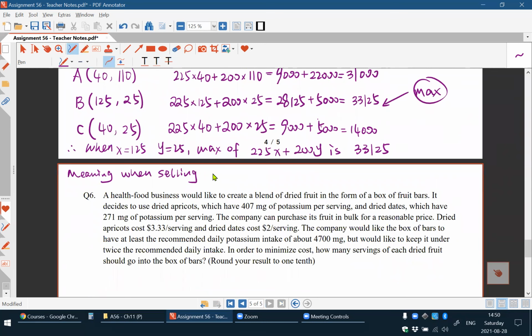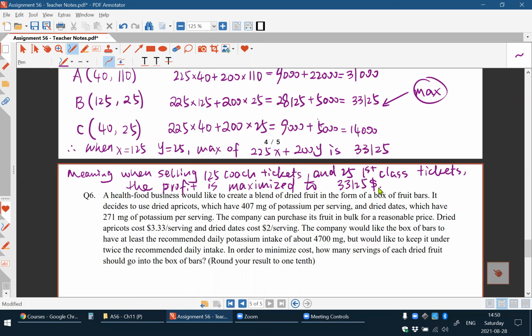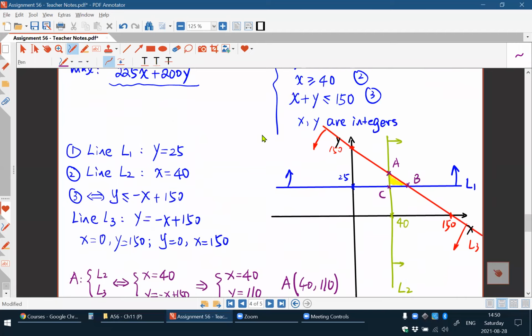So that means when selling 125 coach tickets and 25 first class tickets, the profit, actually the total profit, is maximized to $33125, right? This is the whole process for this question.